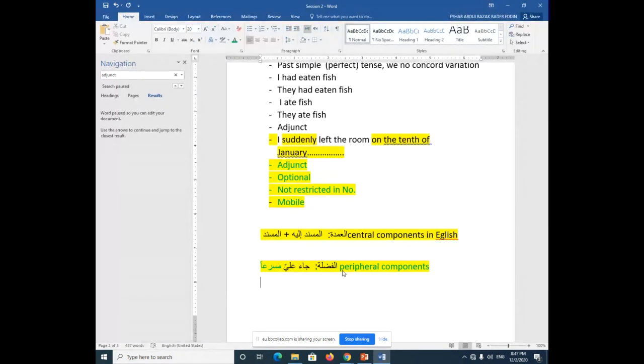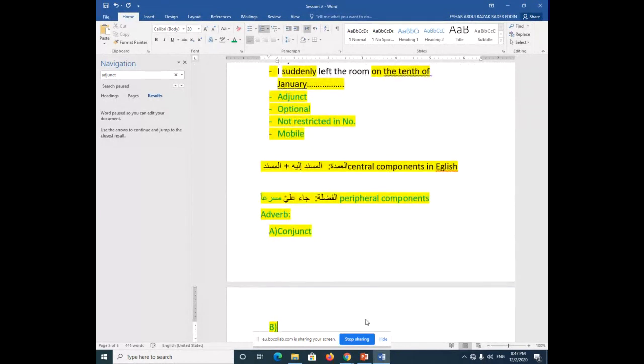Okay, so adverbs or adjuncts are the classic example of peripheral components. Okay, clear? And by the way, bear with me, adverbs can be classified into two types, either conjunct or disjunct.